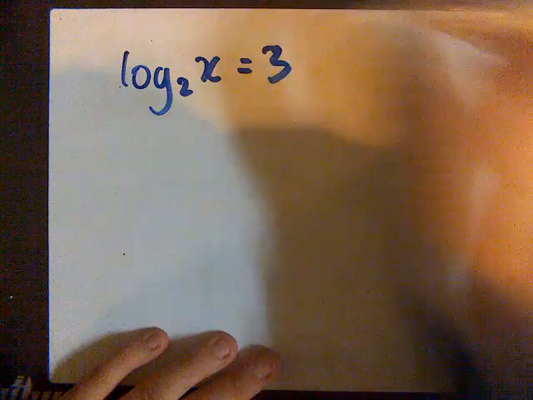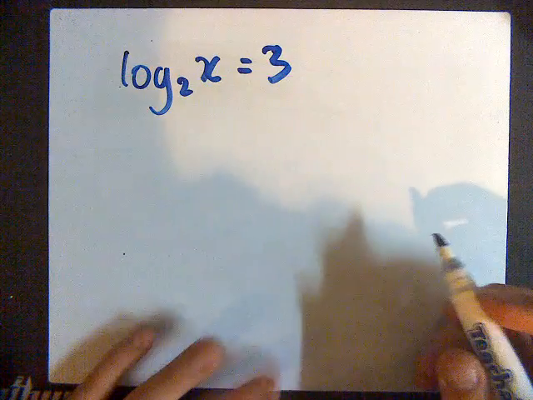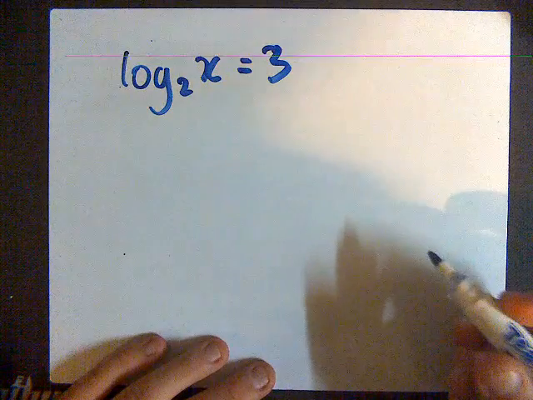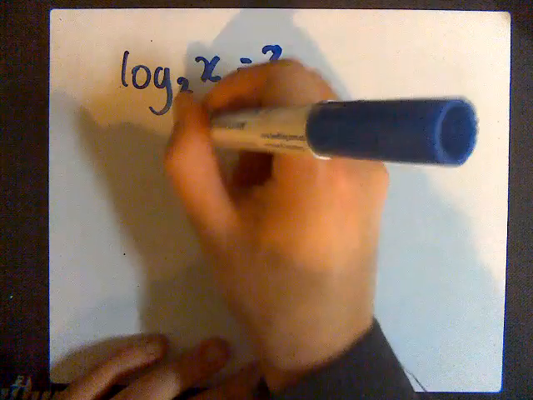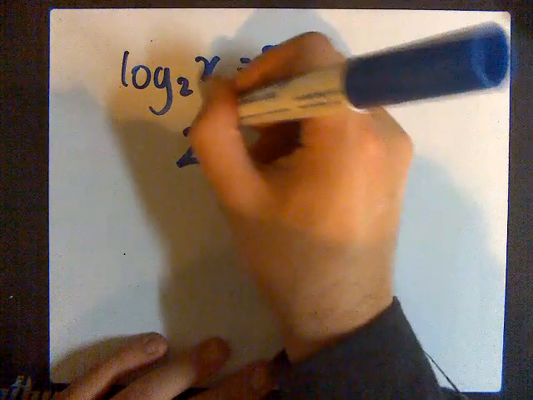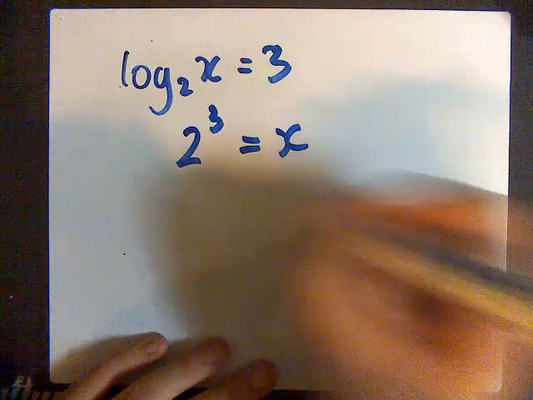So let's look at our first couple of examples. First one's pretty straightforward. If I had log base 2 of x equals 3, pretty simple what we need to do with this one. We just need to rearrange it into index form, which we are pretty good at. So we have 2, our base, to the power of 3, and it's going to equal x.